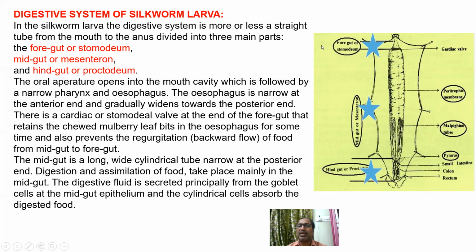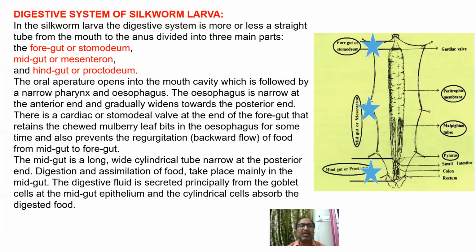The oral aperture opens into the mouth, which is followed by a narrow pharynx and esophagus. Likewise in other animals and insects, a small oral aperture will be present that leads to the mouth cavity, followed by a narrow pharynx that leads to the esophagus.